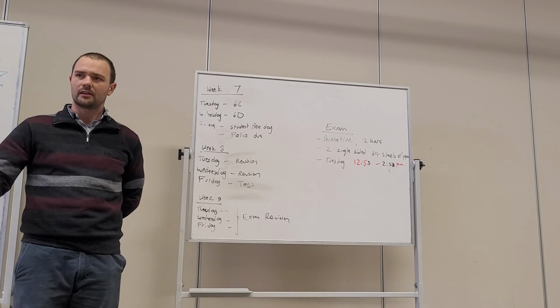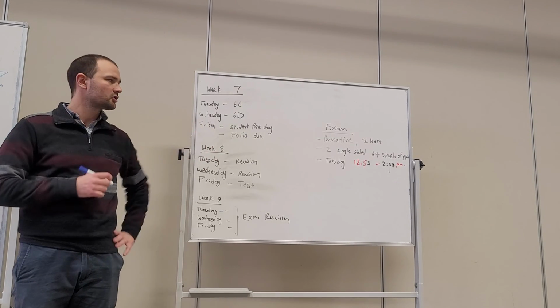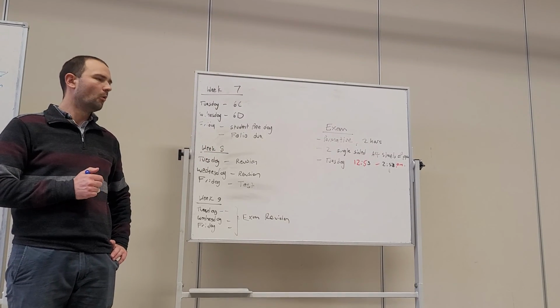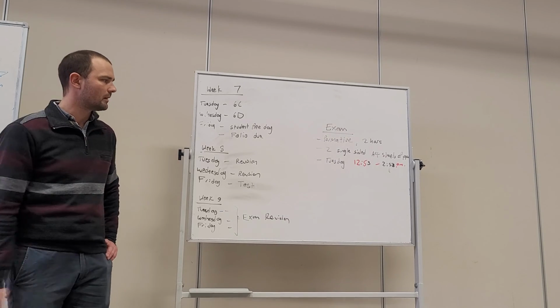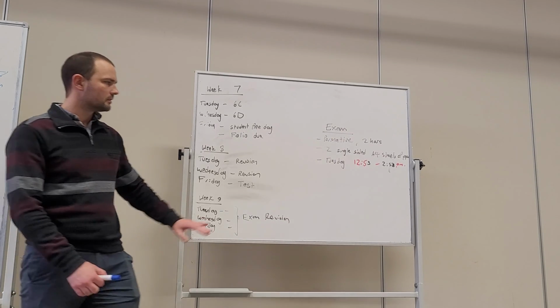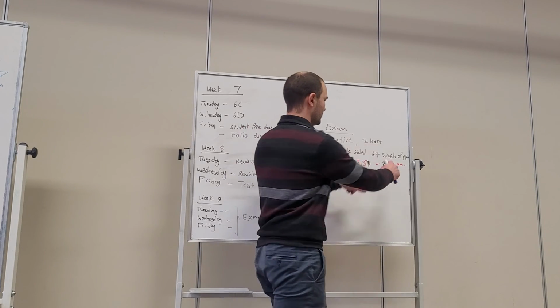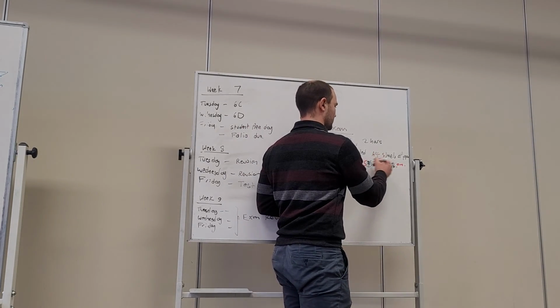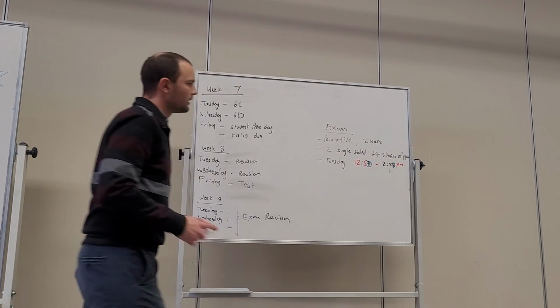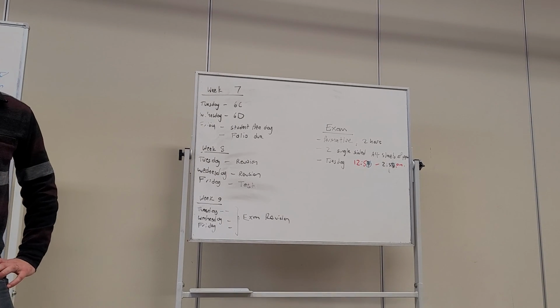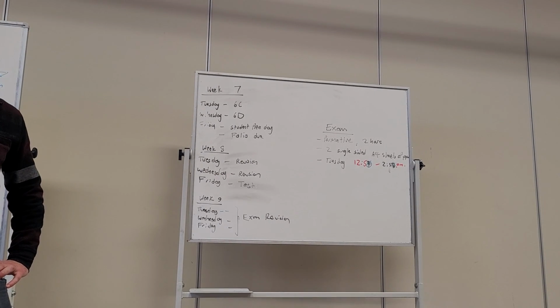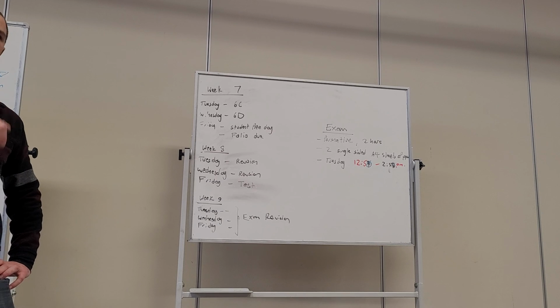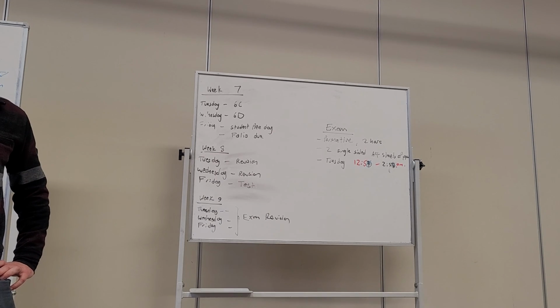You can bring 2 single-sided sheets of handwritten notes, or 1 double. Sorry, I was just trolling people. And it is formative. We will provide you with a unit circle in both the test coming up and the exam coming up. Okay?